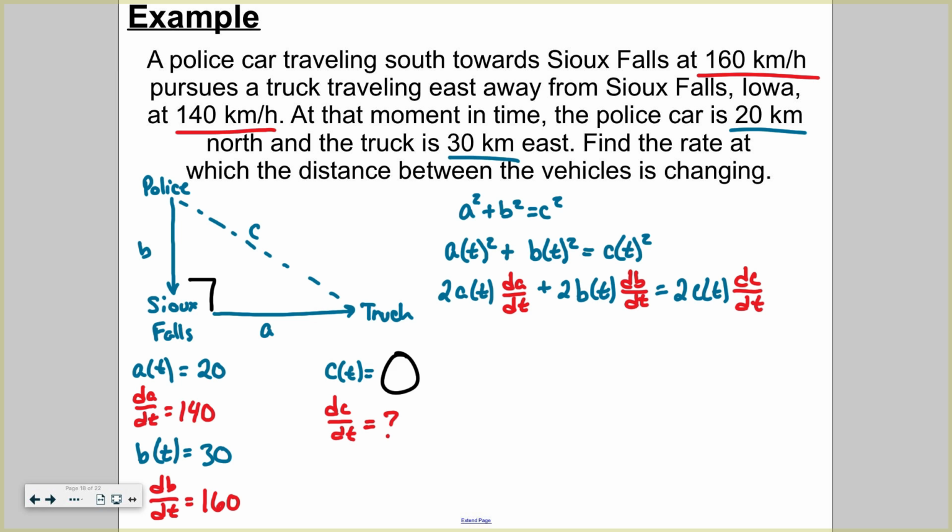And again, this is where the Pythagorean theorem comes into play. So we can draw our triangle. We know that the truck is 20 kilometers, the police is 30 kilometers, and we need to find the hypotenuse. So 20 squared plus 30 squared equals question mark squared. So this is going to be 400 plus 900 equals question mark squared.